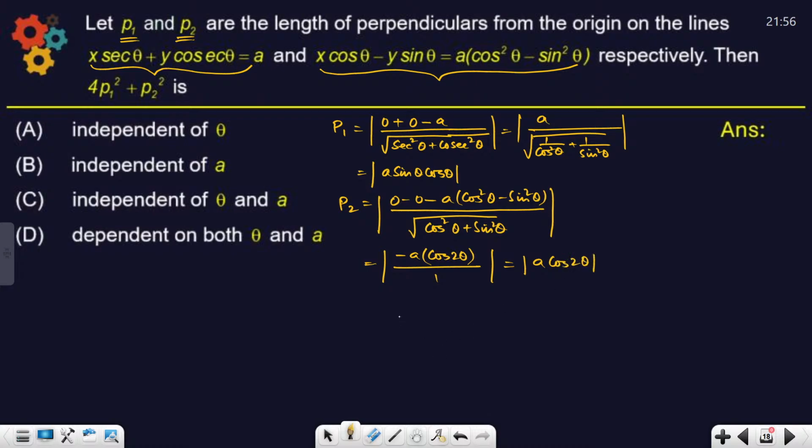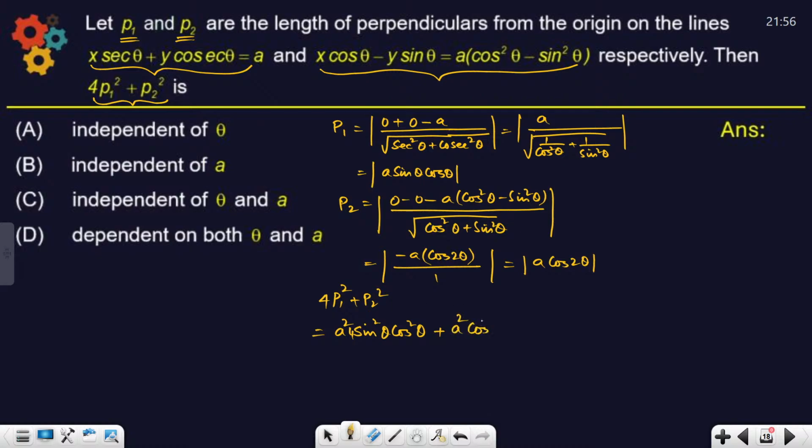Right? Now, what is your 4P1? Because we have to find out this value. So what is 4P1 square plus P2 square? 4P1 square means A square for sine square theta cos square theta, right? Now if you observe, I have removed the mod sign because there is a square. So no need to give a mod sign again. What about your P2 square?